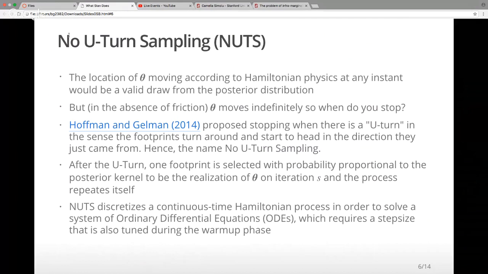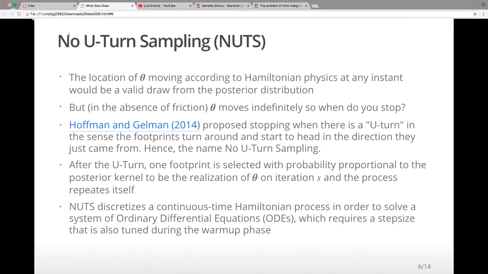And since it's coming back the direction that it came from, it already has footprints on the way there. So U-turn is never an efficient way to get anywhere. And so he proposed to stop the thing when the particle starts to U-turn, and that's why it's called no U-turn sampling. That is the variation of Hamiltonian Monte Carlo that is implemented in Stan.